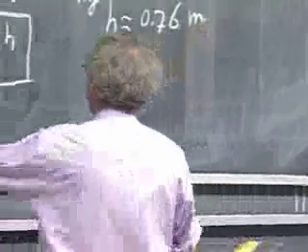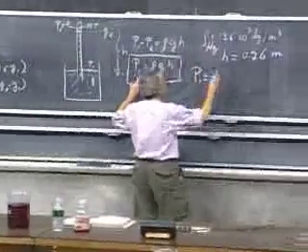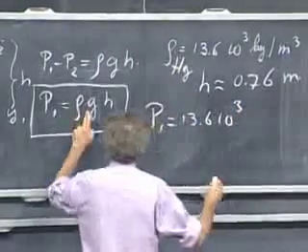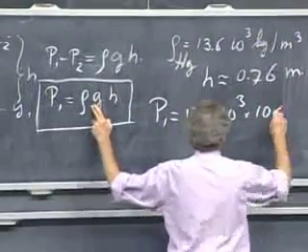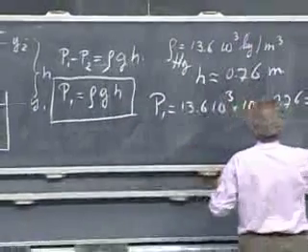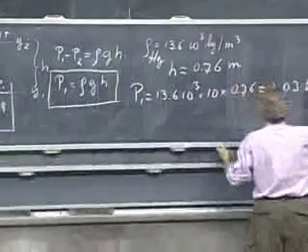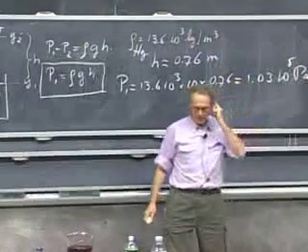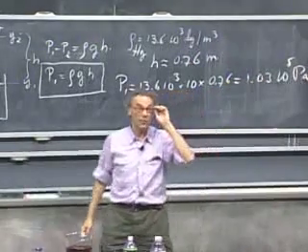If it's up, the barometric pressure is higher than when it's down. And so the barometric pressure P1 is then 13.6 times 10 to the third times g, for which I will take 10, and the height is 0.76, and that is 1.03 times 10 to the fifth Pascal, which comes very close to the 1 kilogram force per square centimeter that I mentioned to you earlier.